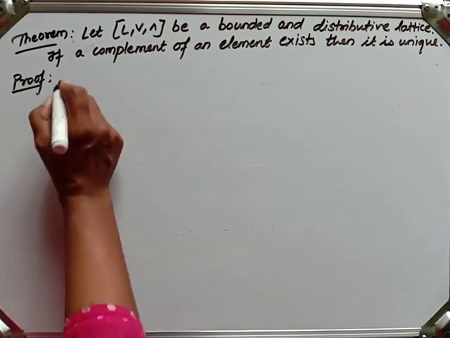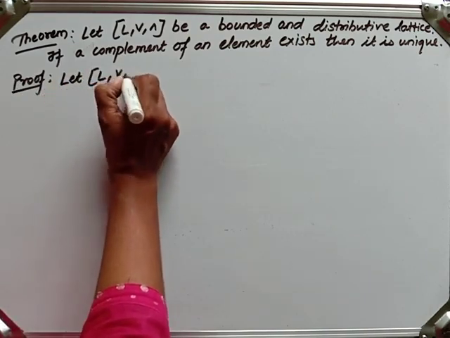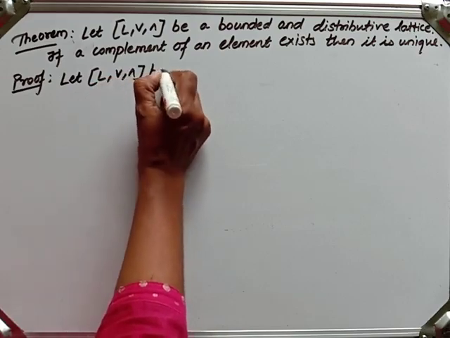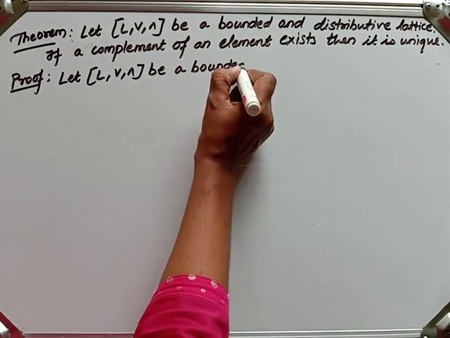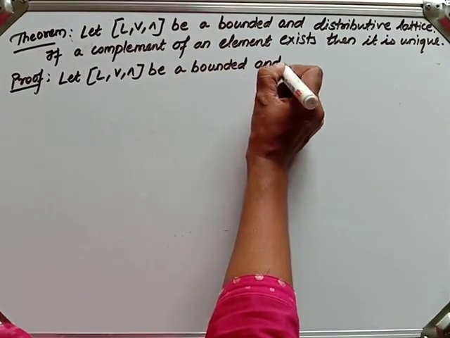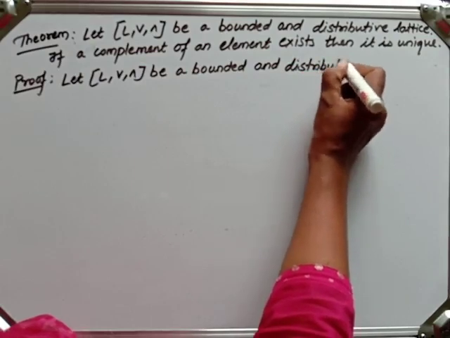So let L with join and meet be a bounded and distributive lattice.